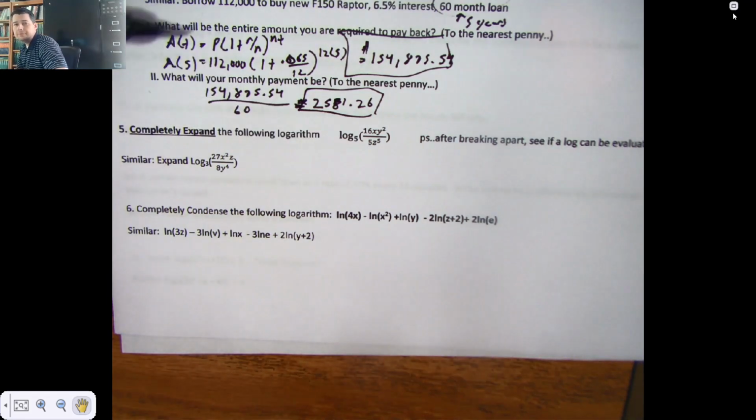Here's an expansion, and the rules are pretty simple. If an argument is in the numerator, the logarithm remains positive.